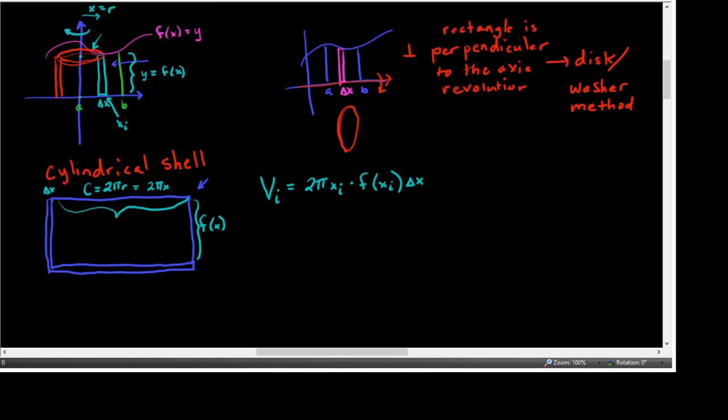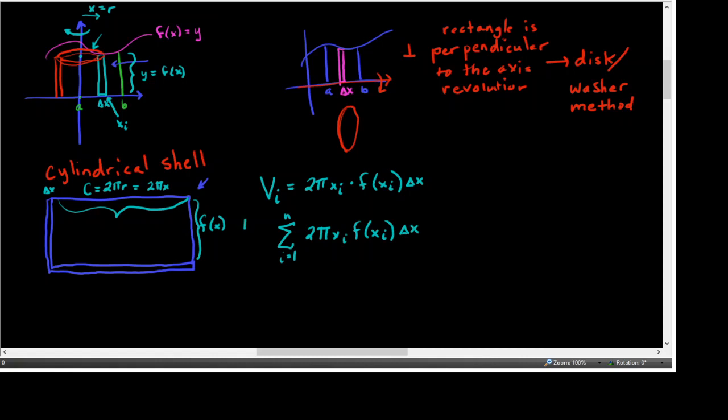So then we're going to add up n such rectangular strips that are rotated around to get an approximation of the volume of that solid.